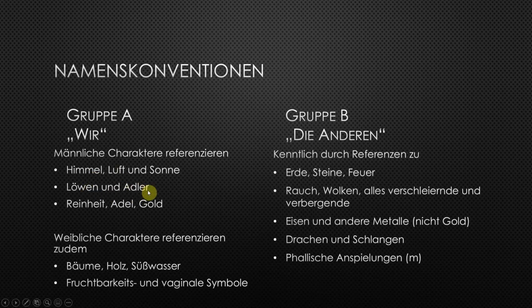When lions or eagles are referred to in the character's name, he might or should be a representative for group A. Also, nobility, gold, or purity signals are a sign that this character is a group A representative. And for women, it's trees and wood and drinking water, and also fertility or vagina symbols.